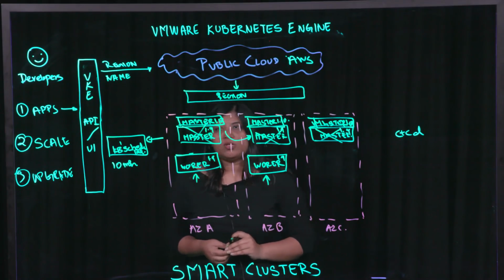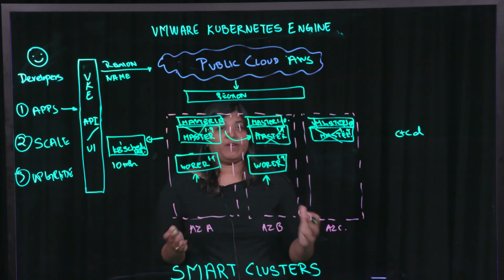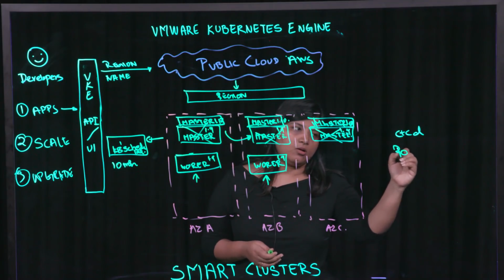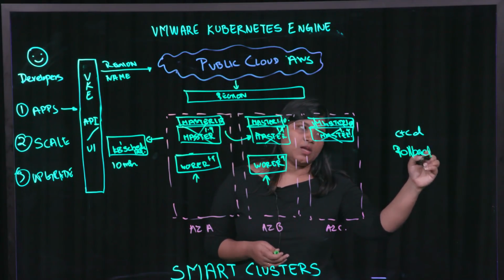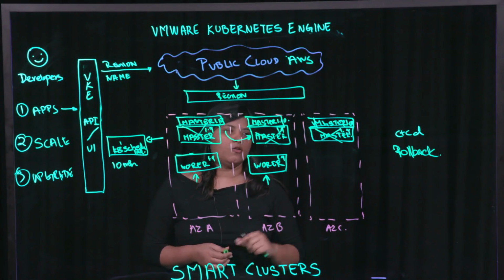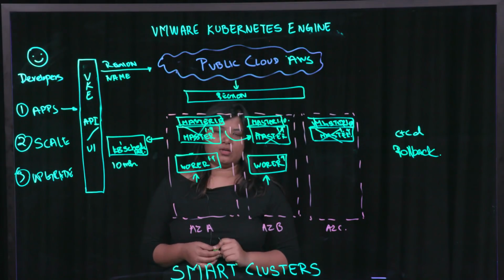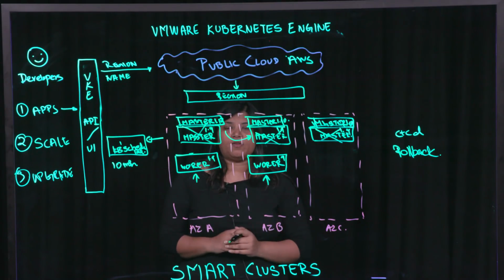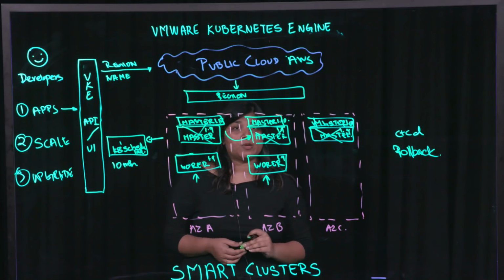Now, at any point in time, let's say the upgrade fails for some reason, VKE will roll back all the instances to the original version of the Kubernetes cluster and restore the backup in case something was lost. So all the upgrades and everything is taken care of within the smart cluster.